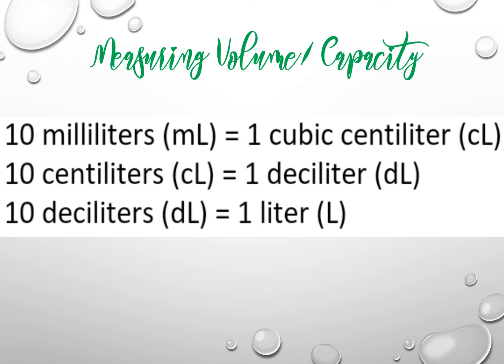So, 10 milliliters is equal to 1 centiliter. 10 centiliters is equivalent to 1 deciliter, and 10 deciliters is equivalent to 1 liter. So, pag bumili kayo ng 1 liter na C2, that is equivalent to 10 deciliters.